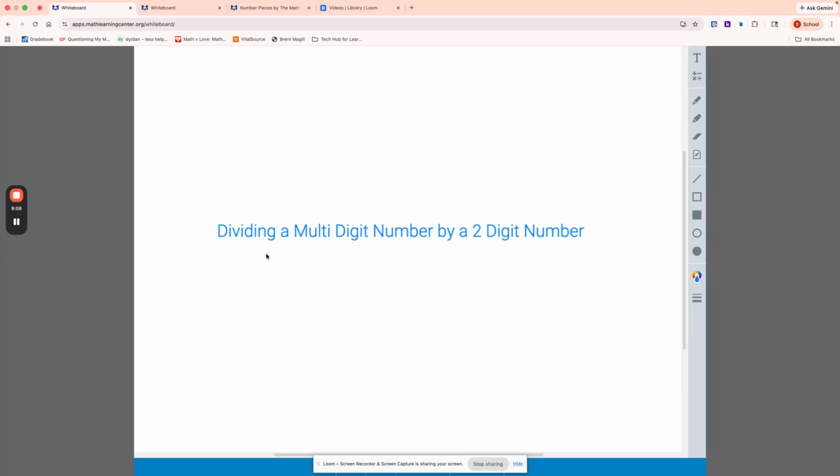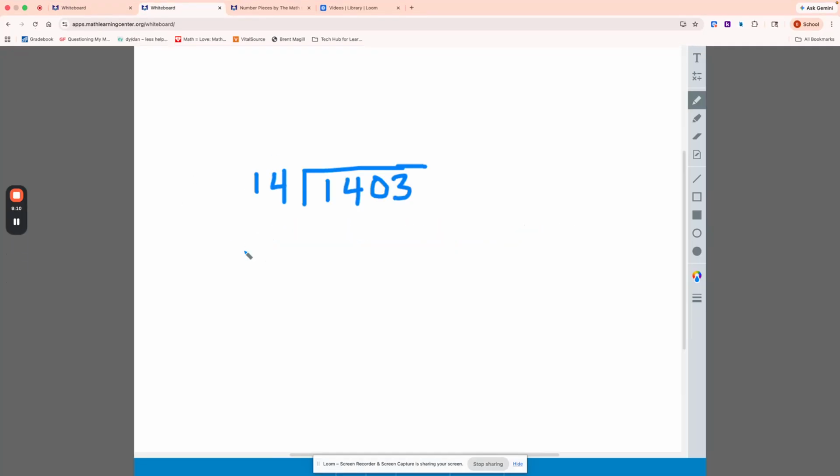Sorry, whoops, clicked on the wrong tab. There we go. So we have 1,403 divided by 14. So does 14 divide 1? Well, that's kind of hard to think in my head. Well, actually, 1 is not so hard, okay?